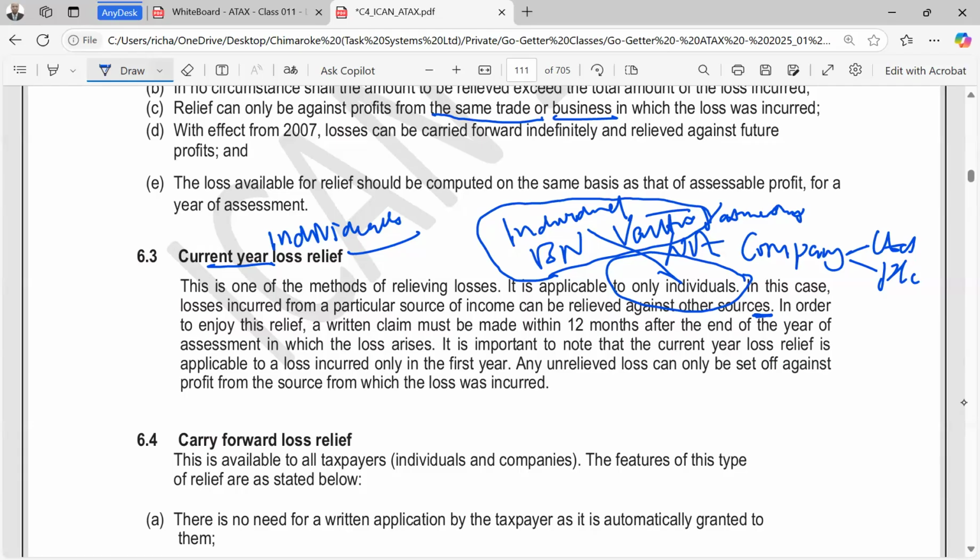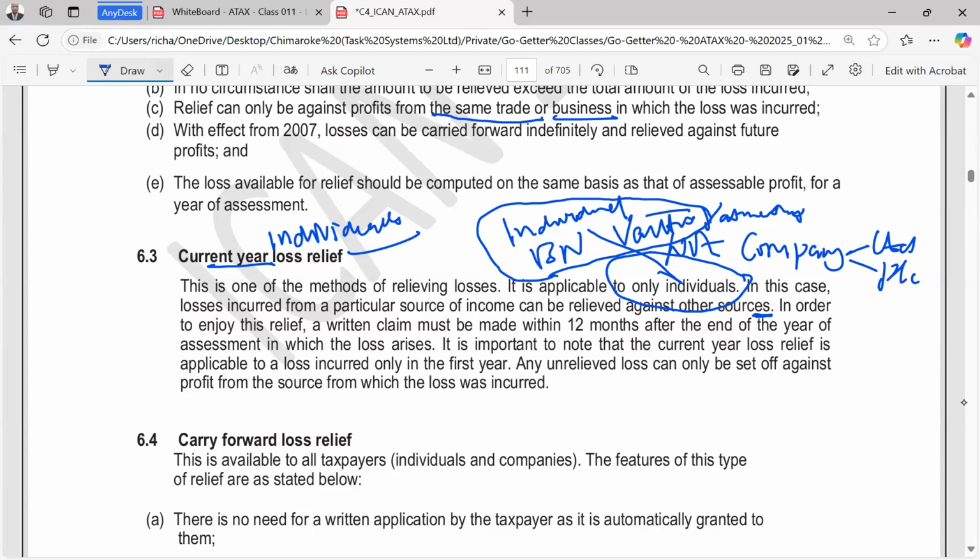It is important to note that the current year loss relief is only applicable in the first year. What it means is this: current year loss is relieved in the current year. How will it be relieved in the current year when you have a loss?